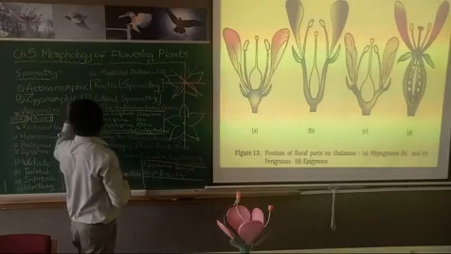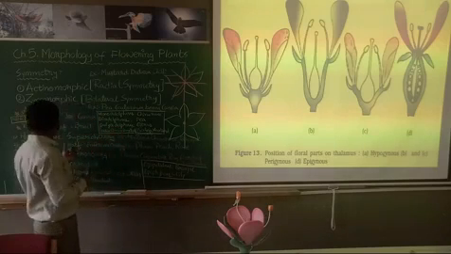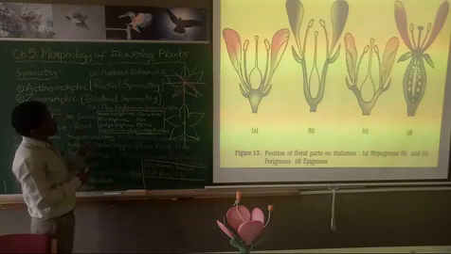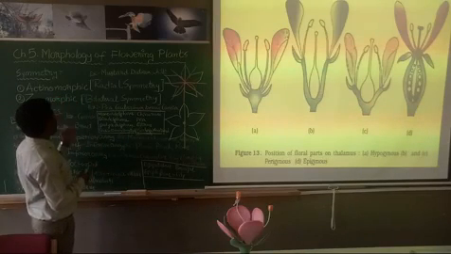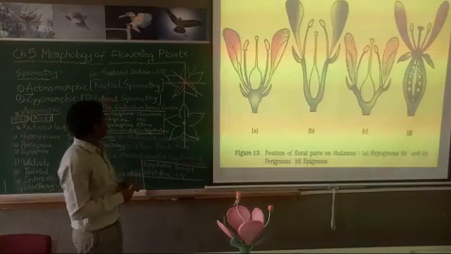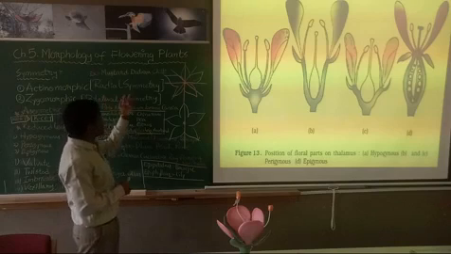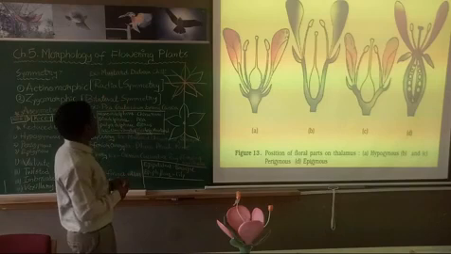What are those? Generally in plants there are three. The first one is the actinomorphic arrangement. The second one is the zygomorphic arrangement. Actinomorphic arrangement is radial symmetry, and zygomorphic is bilateral symmetry.